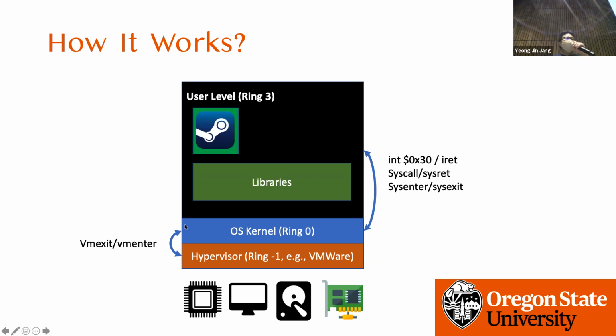VMenter means that from the hypervisor, we are getting into the operating system. VMexit means the operating system requests something from the hypervisor. So you can think of VMexit as a system call to the hypervisor. We actually call that a hypercall to distinguish it from the regular system call.